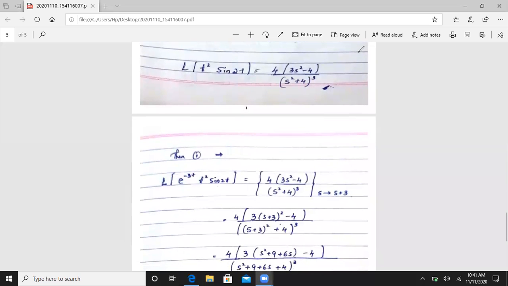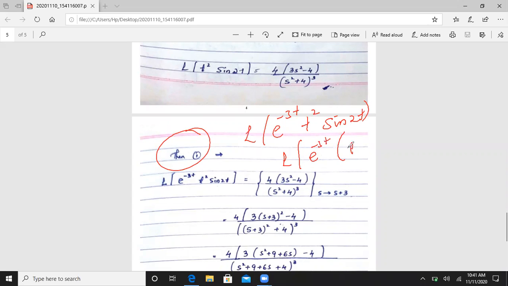And you have equation 1, that is the Laplace transformation of e to the power minus 3t, t square sin 2t. This function we will write as the Laplace transformation of t square into sin 2t, where s tends to s minus of minus 3.